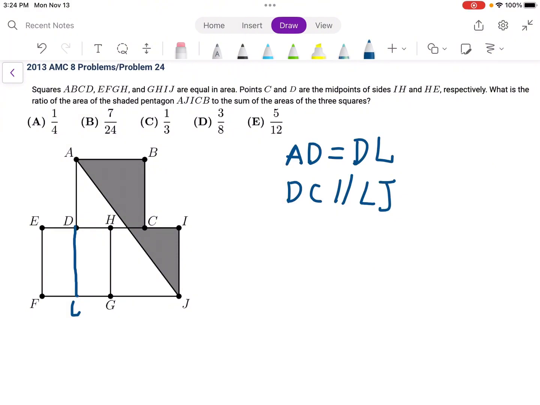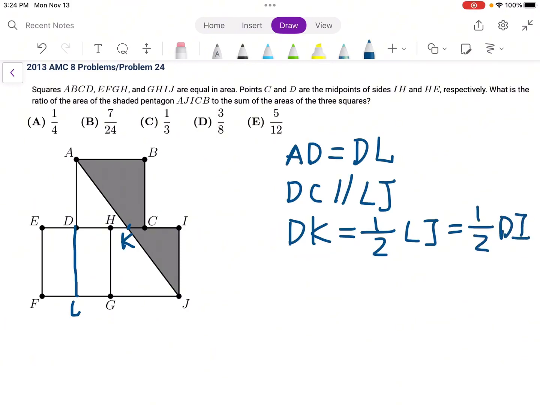Let's assume AJ crosses DI at this point K. So that means DK equals 1/2 of LJ. It also equals 1/2 of DI. That means K is the midpoint of DI.